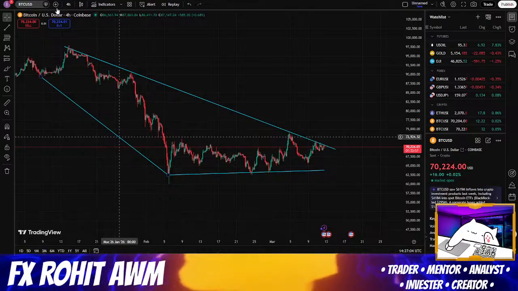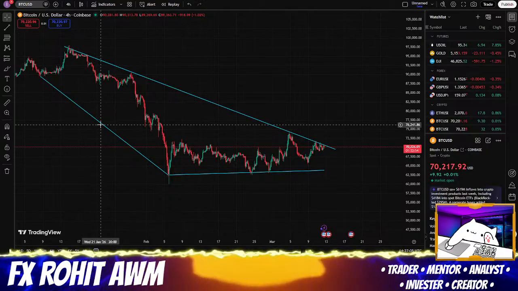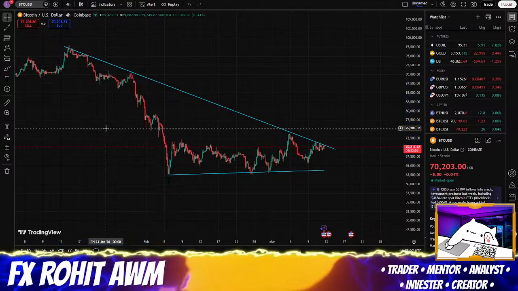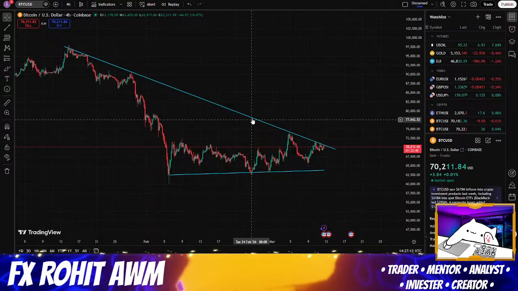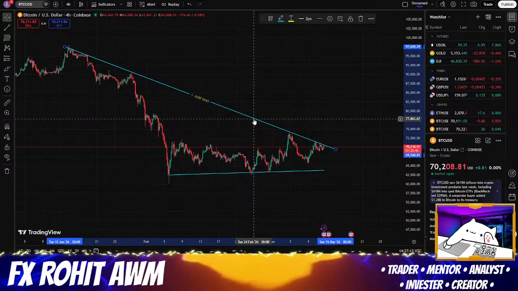So this market is taking a support zone, guys. In this current situation, the market structure is broken. But how, guys?